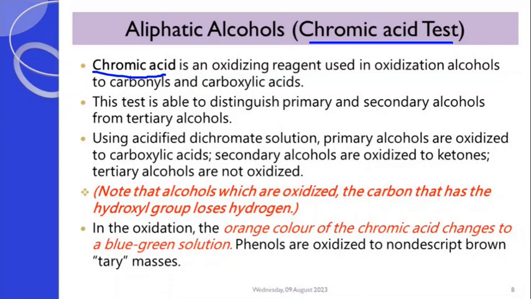This acid is an oxidizing agent, used to convert alcohols to carbonyls and carboxylic acids through oxidation.